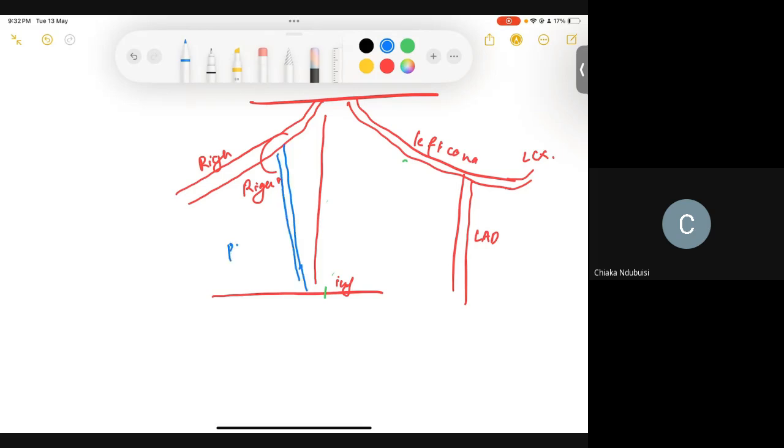So whenever the question stem hasn't clearly mentioned whether the individual is right dominant or left dominant, you should directly think he's a right dominant individual, because majority is the authority.